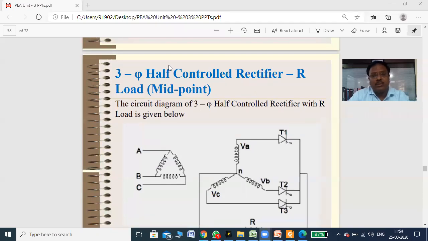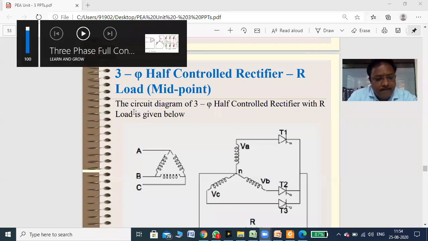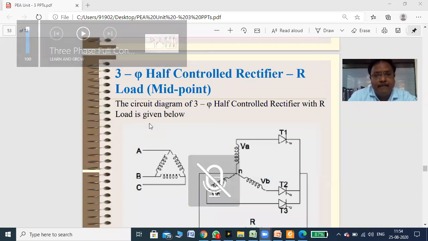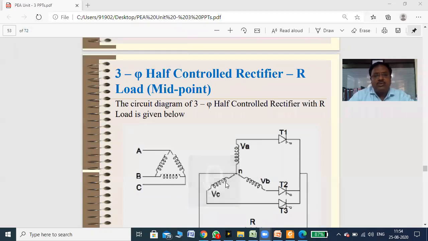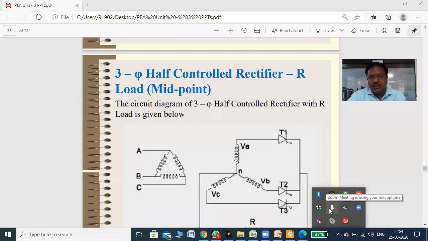Okay, I'll just increase the volume. So am I audible? Yes.